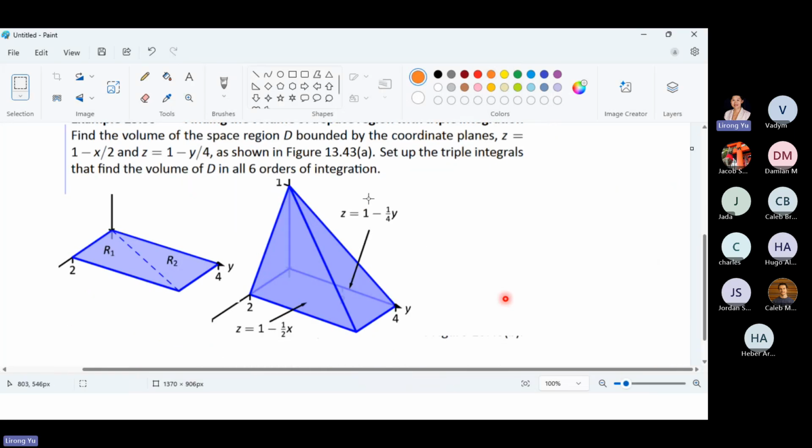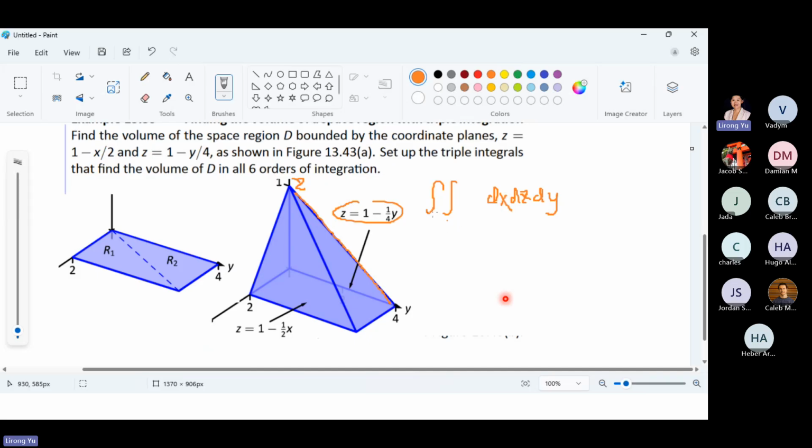Okay, so if we project this onto the YZ plane, this line will be the projection onto the YZ plane. That's naturally the boundary there. So we can do the integration over this little YZ region, and we can do dz, dy, and then the inner one will be dx.